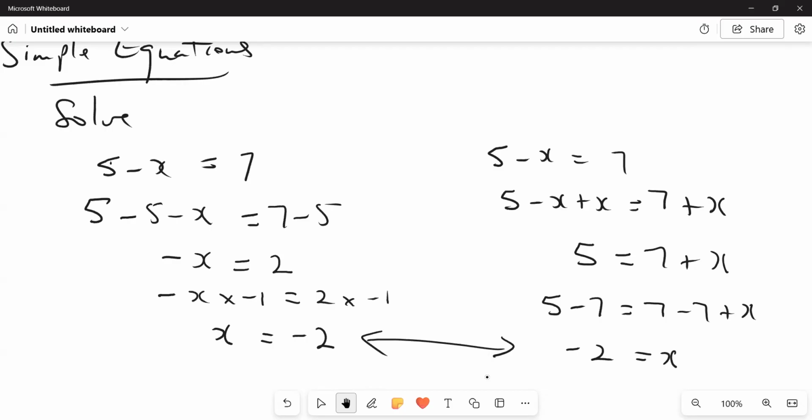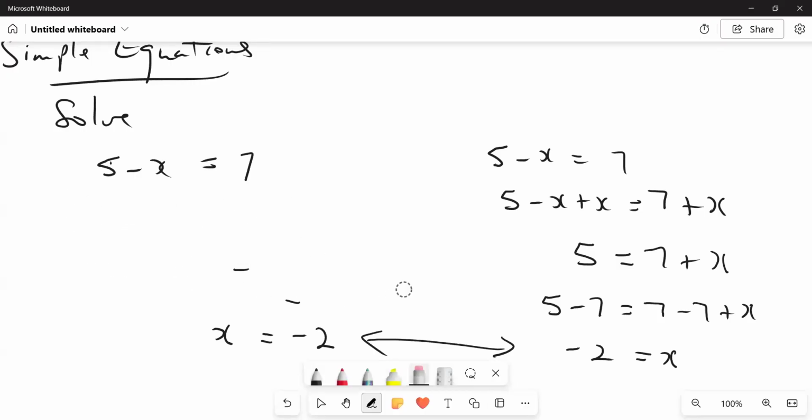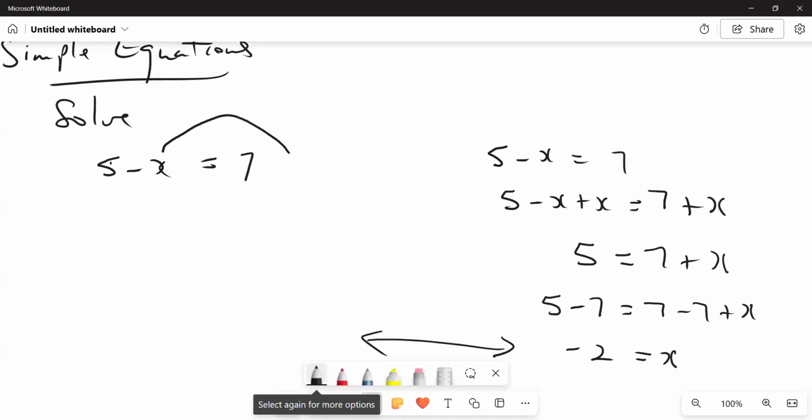The shortcut that you are accustomed to, the shortcut that you are used to, is this. A lot of people do this. They say, take the minus x over there, change minus to plus.